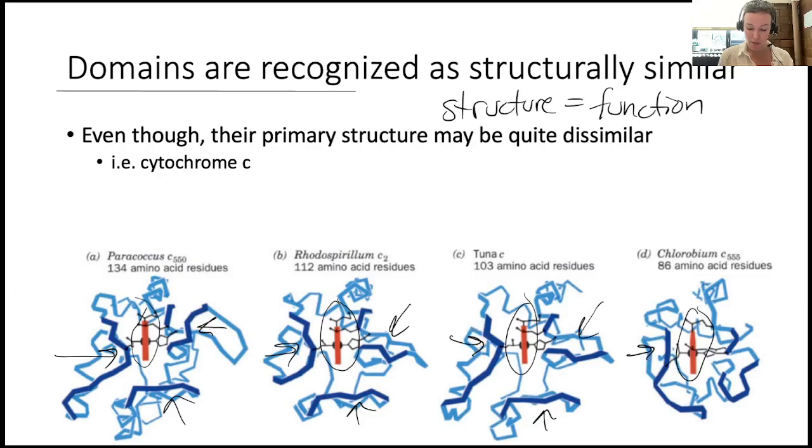So even though all of these proteins are distinct from one another, they are different proteins from different organisms, since the structure is the same, they have the same domain, we should assume the function is the same as well. In the next video, we'll talk more about tertiary structure, protein folding, and the hydrophobic effect.